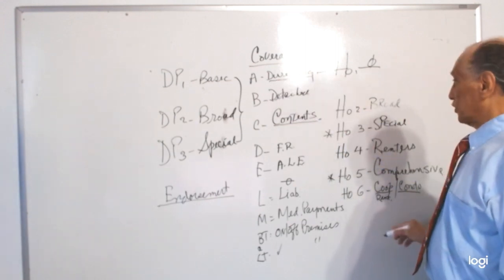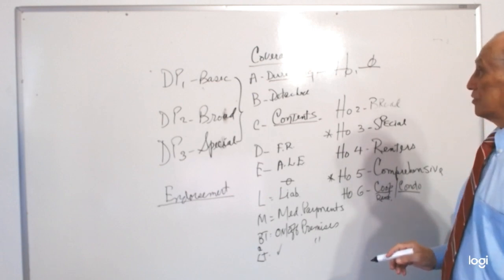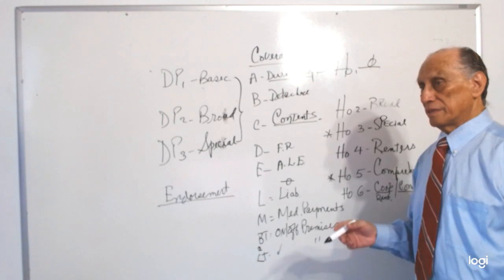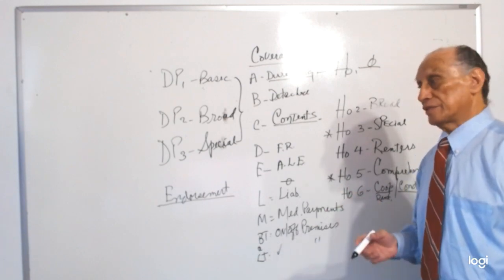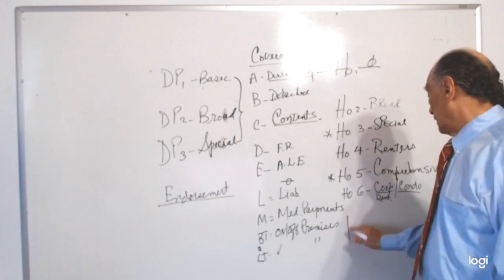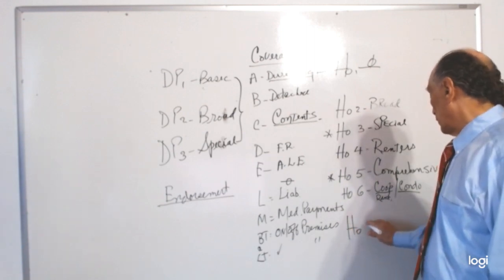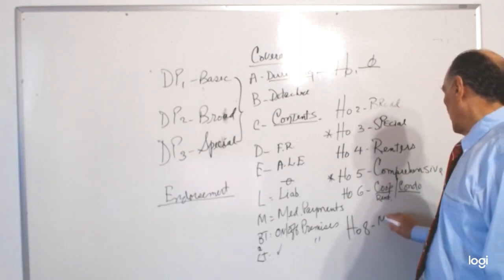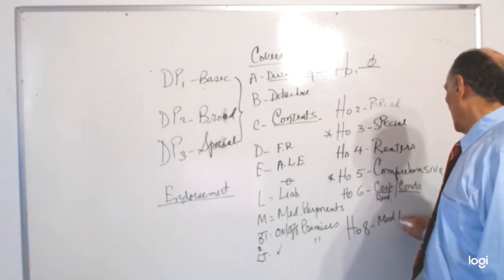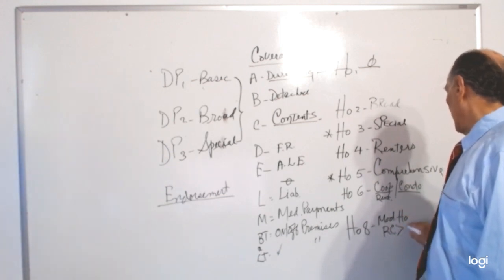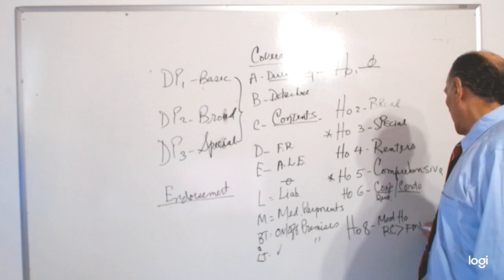You can buy up to 25% of the coverage, while the housing association must buy the other 75% or whatever percentage remains. Then we have no HO7 but HO8, the modified homeowners, where we have the replacement cost greater than the fair market value.